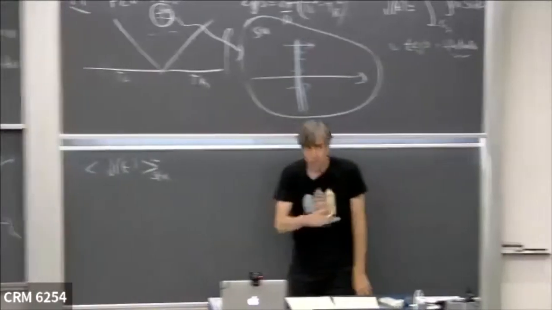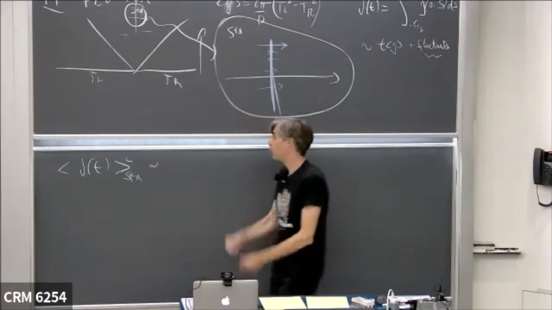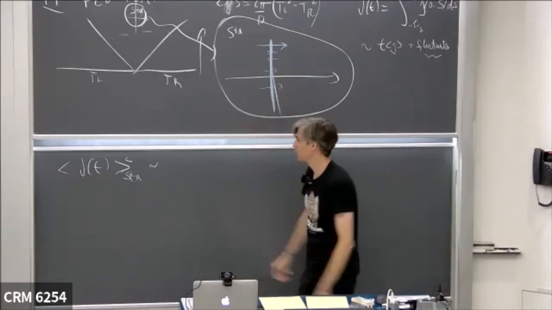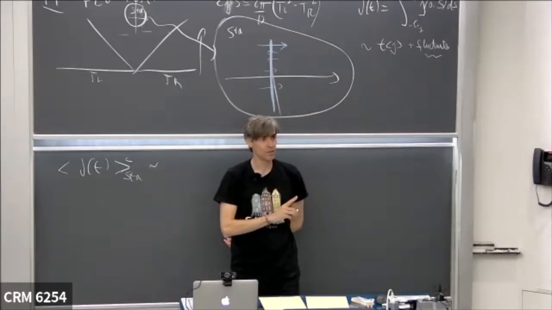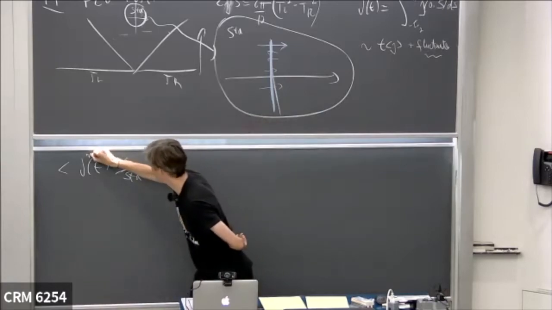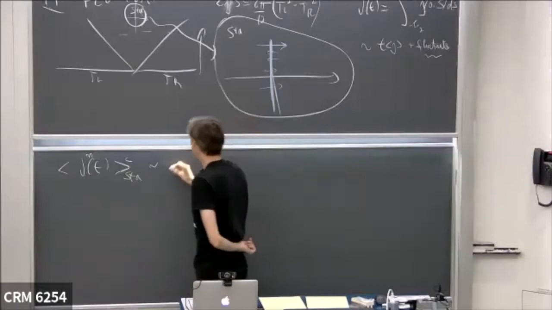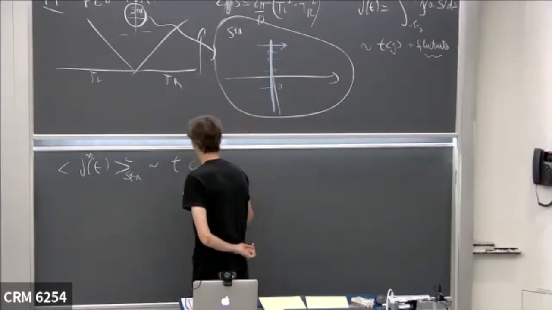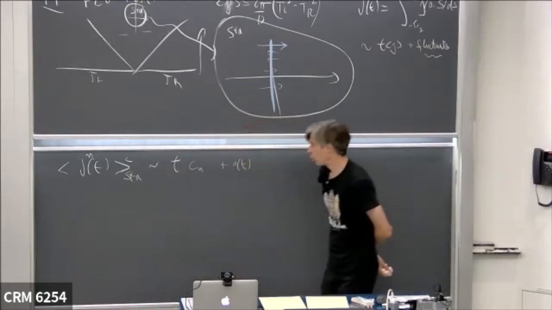What one often expects, and what we can calculate, is that the cumulants, for all n powers, will all scale like t times some number Cn, plus something smaller in time.